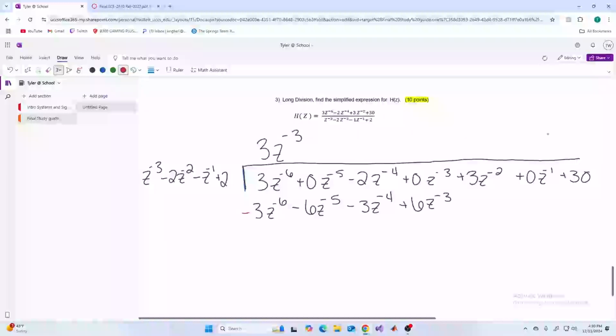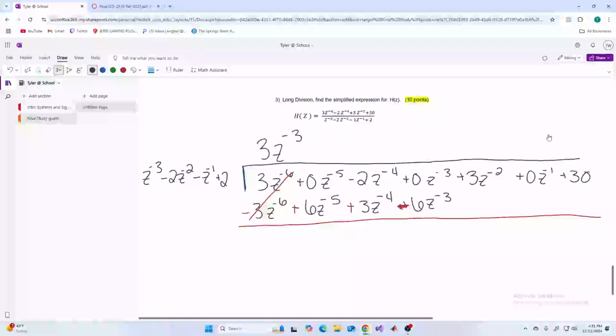Now I'm just going to subtract all of this down. So this goes away. The first term should always go away. Because of that, this turns into a positive, this turns into a positive, and this turns into a negative. I just have to do that so I don't mess things up.